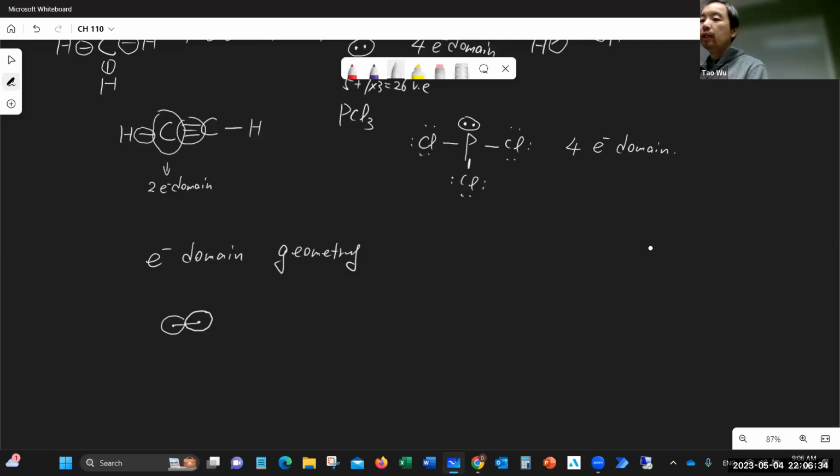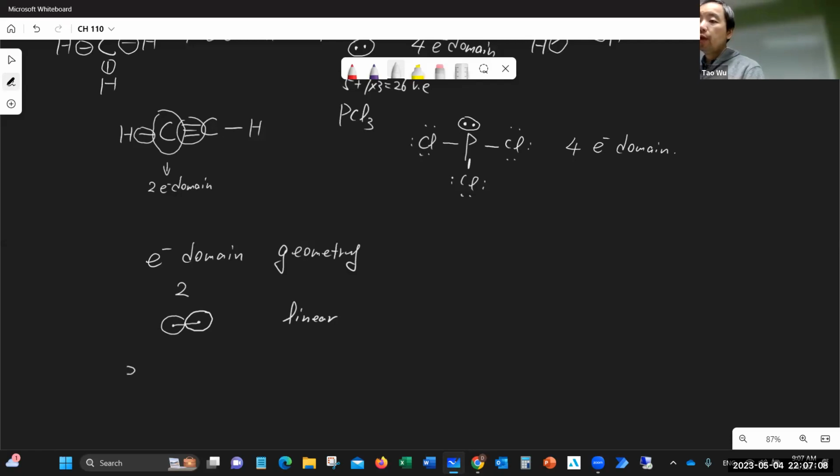If you link them together, this is just a linear geometry. So if you have 2 electron domains, then the geometry is linear.